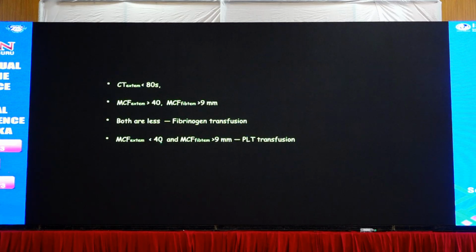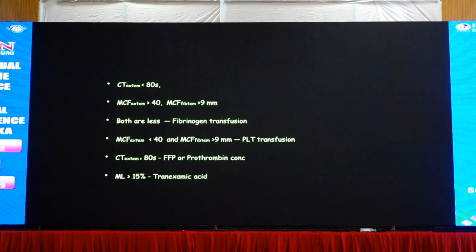If the EXTEM is less than 40, but the FIBTEM is more than 9, that means the fibrinogen component is okay. Only the platelet component, which gives the clot stability, is the culprit, so you need platelet transfusion. If EXTEM clotting time is more than 80 seconds, then probably you need FFP or prothrombin concentrates. And if there is excessive lysis, you give tranexamic acid.